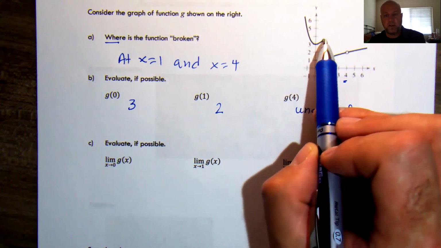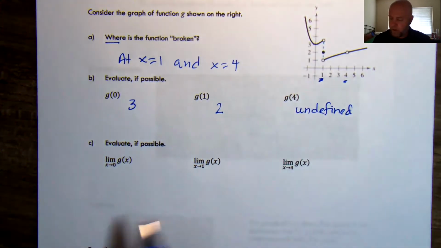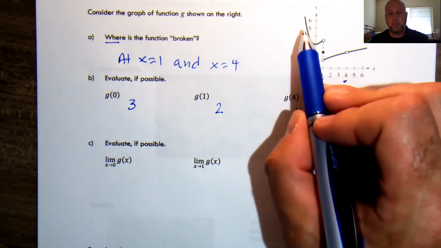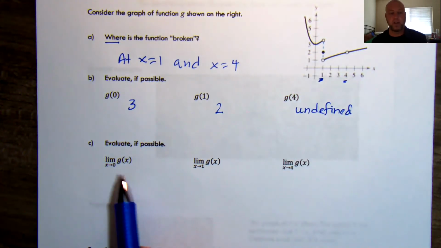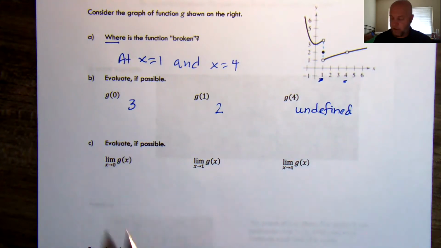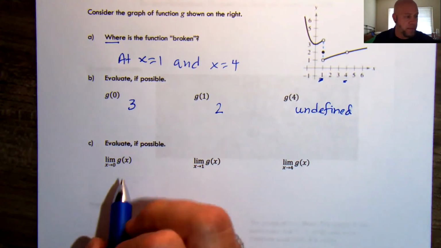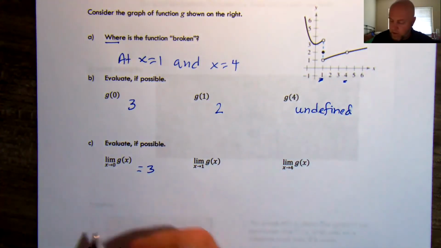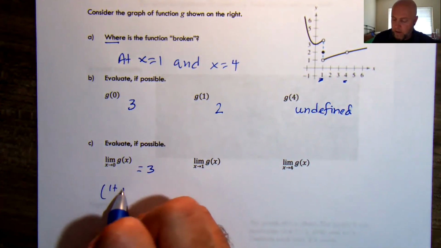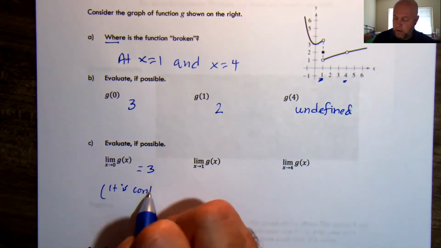If we go just to the other side, it's also coming towards 3. In fact, we could say the graph is unbroken at 0. So our key concept on the other page says the limit is equal to the function's value. The limit equals 3. Let's note that it is continuous.